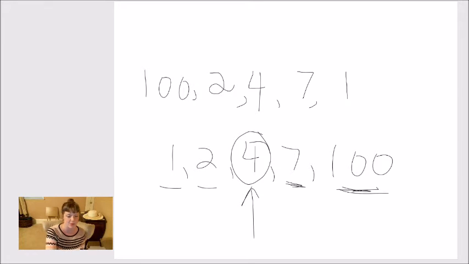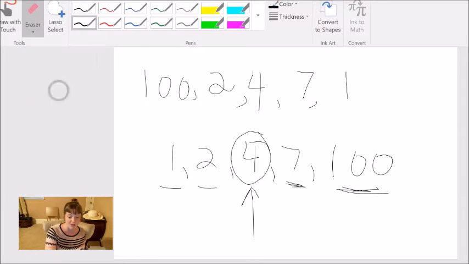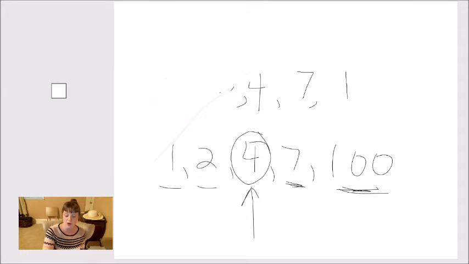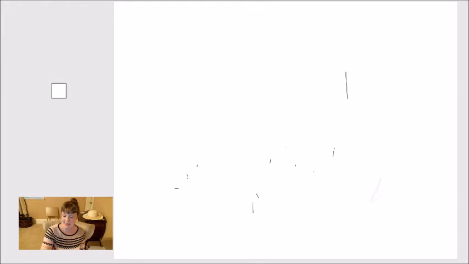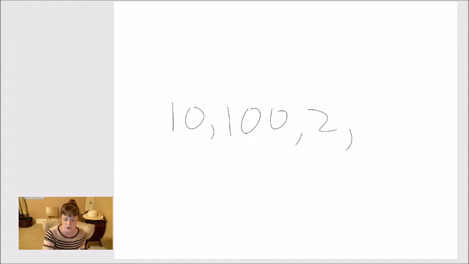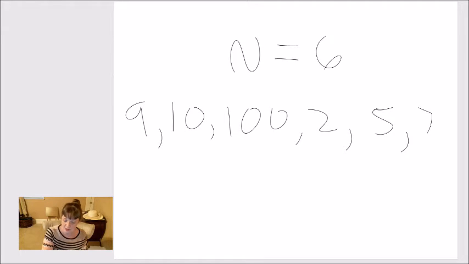If on the other hand you have an even number of numbers, 2, 4, 6, 8, 10, 12, I'm going to give you an example of that. Let's say you have 10, 100, 2, 5, 7, and 9. Now I have an even number of numbers because I have 6 numbers, right? N equals 6.